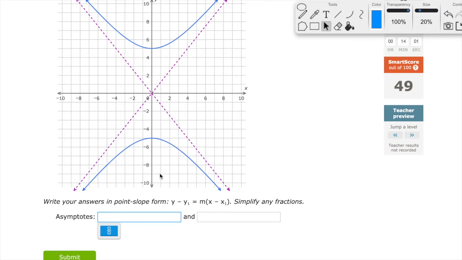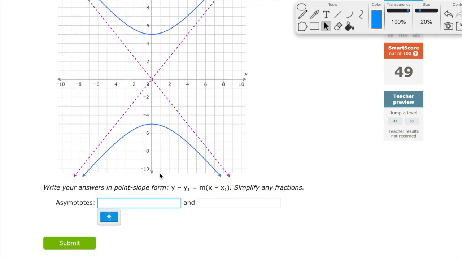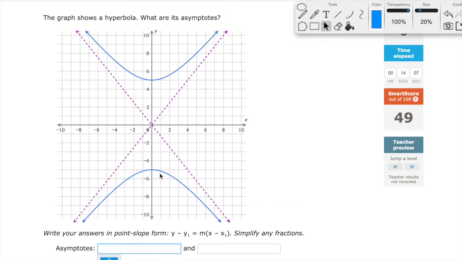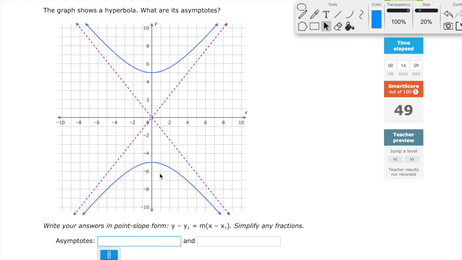So I think I'm going to try it like the book tells me, because that can be more beneficial to you guys. So anyways, we would think about the slope of this line.